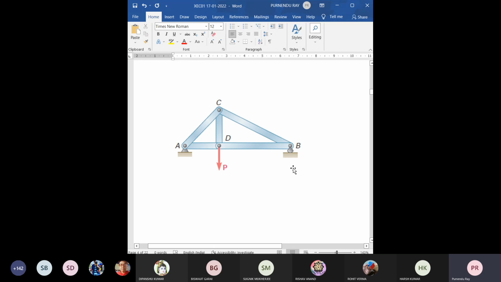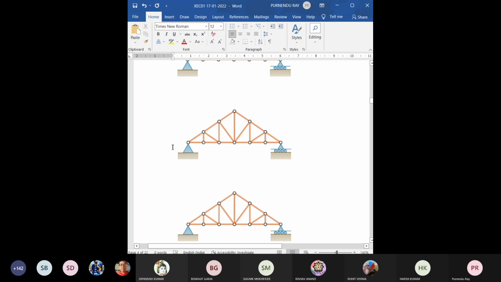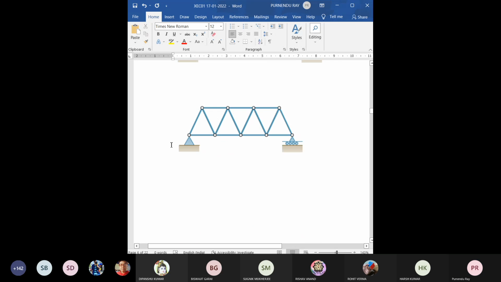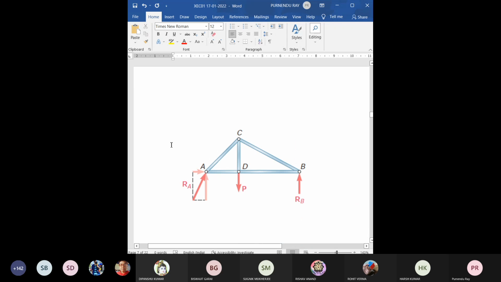So only vertical reaction will be here. Here horizontal and vertical, both restrictions are there against movement. So for this particular case, directly we can say that there will be only this RAY. We do not need to consider this thing directly. But every problem will not be that simple and straightforward.